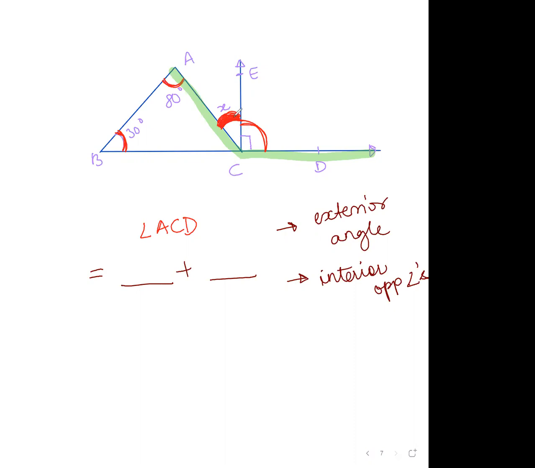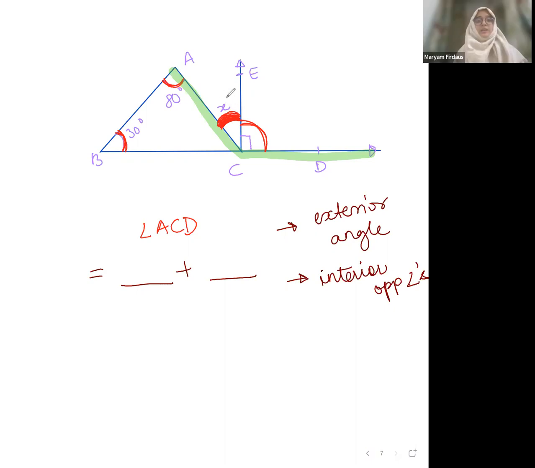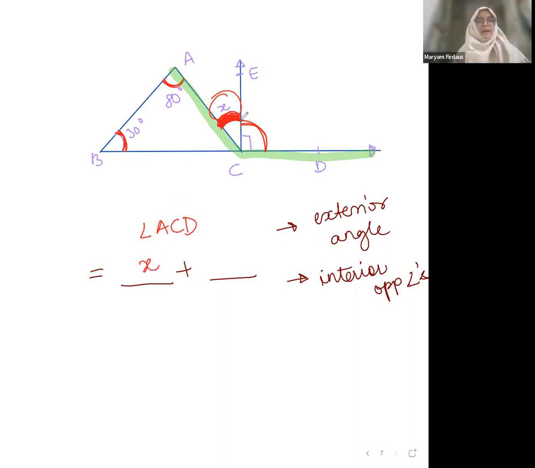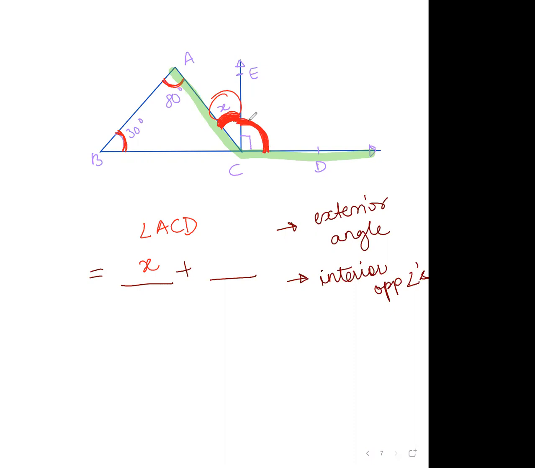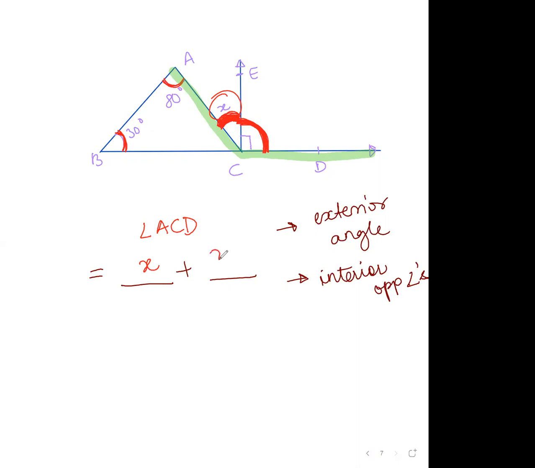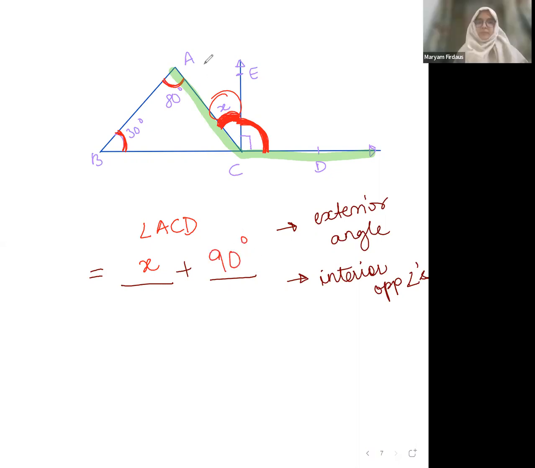ACE. And what is the value of ACE? X. And the remaining part, what is the name of this angle? ECD. And what is the value of this angle? 90 degree. Very good.